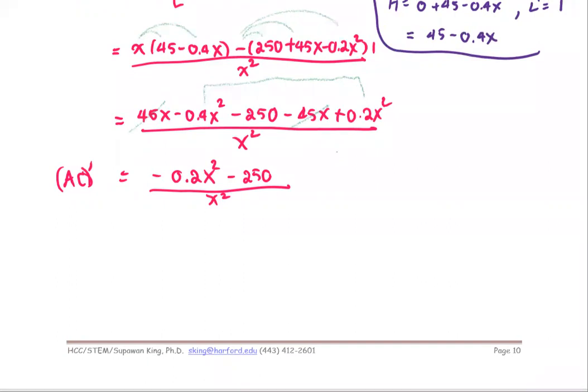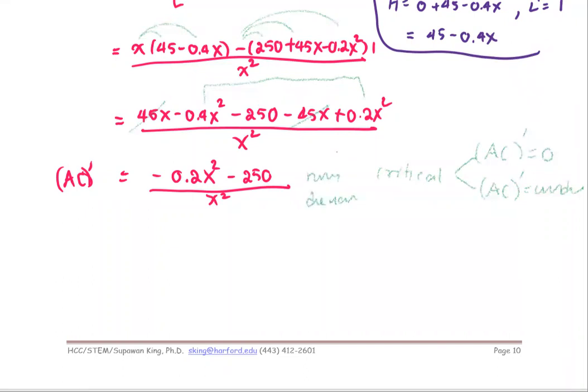To find my critical number, I need to consider two cases: the case that the derivative of the average cost function is zero, and the case that it is undefined. With the derivative in fraction form, I will name the top the numerator and the bottom the denominator.